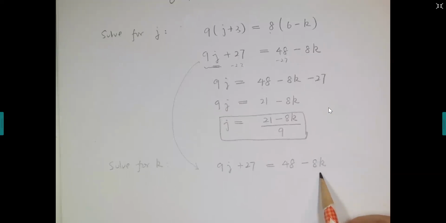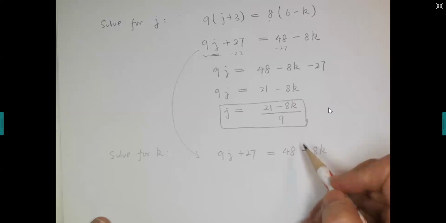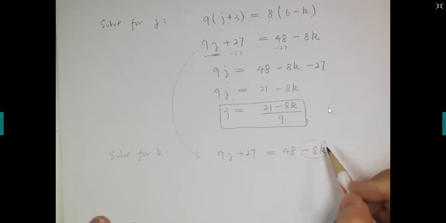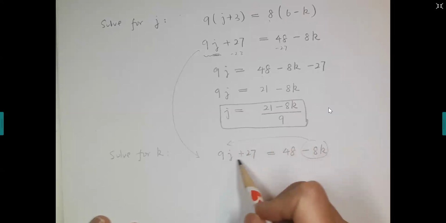If k is unknown, I want k to stay on one side by itself. So it's up to you. I always let the unknown stay on the left. So because 8k is on the right, I'm going to move it to the left, and everything else is going to move to the right.